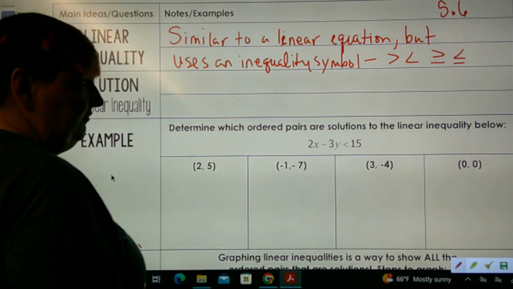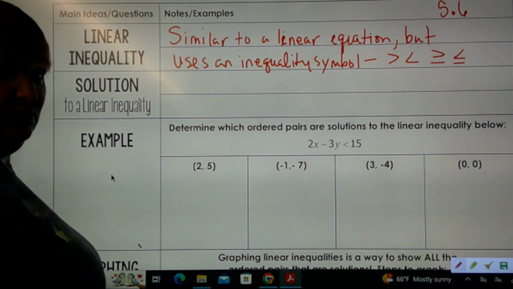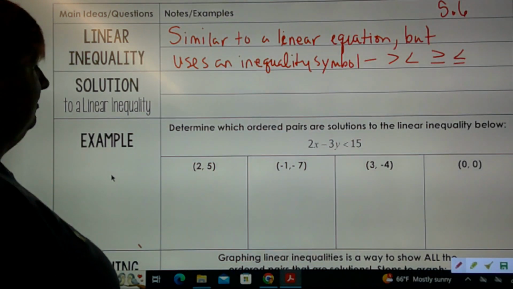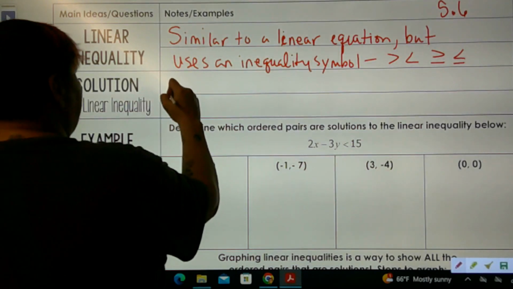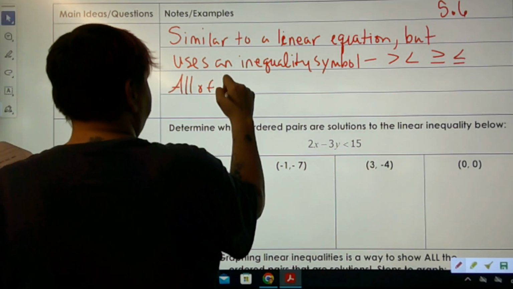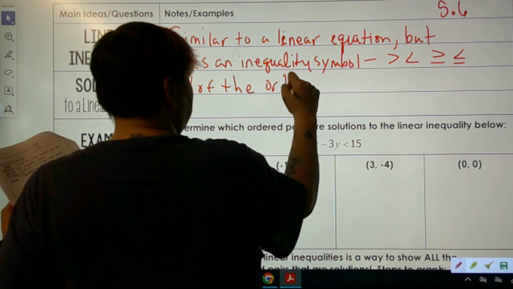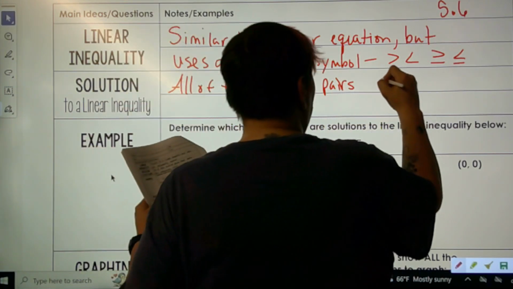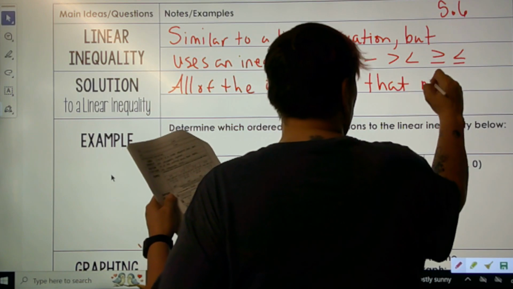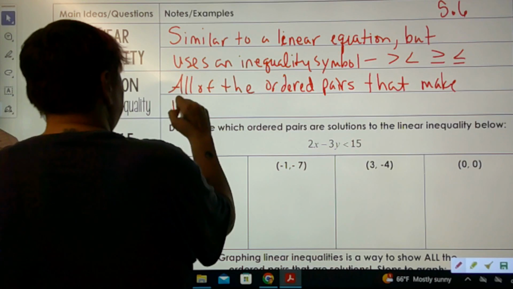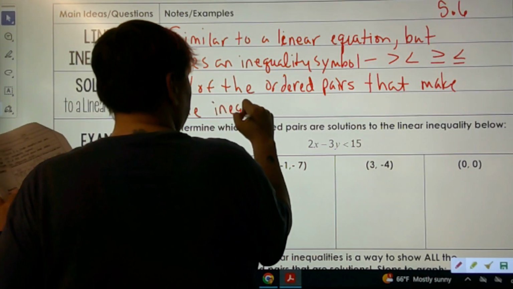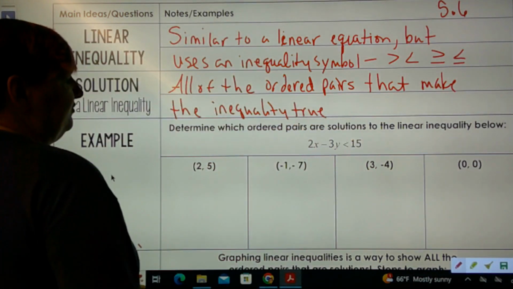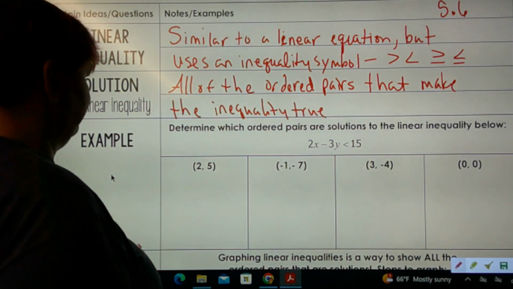Inequalities, meaning not 100% equal. It might be equal, but it might not be equal. The solution is all of the ordered pairs that make the inequality true.